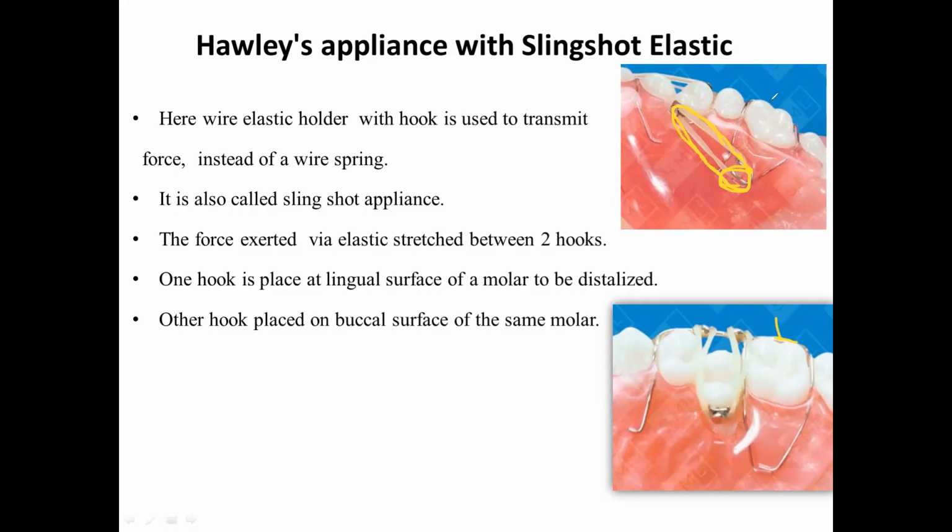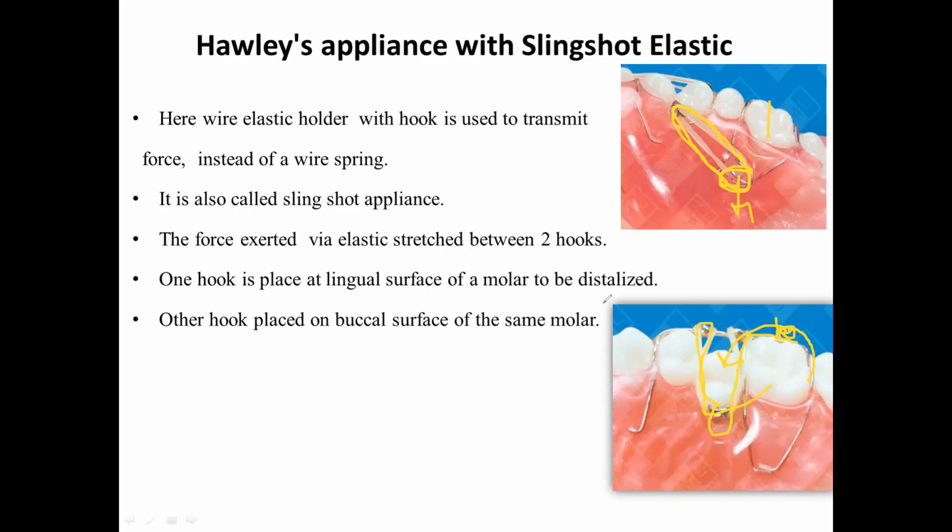Take the example of the tooth. On the lingual side, a hook is applied, and there is also another hook soldered over here. So an elastic will be crossed from here till the paralingual surface of the tooth and will go to the other side of the tooth in order to hold the tooth, not to allow the tooth to rotate or to drift into the empty space.